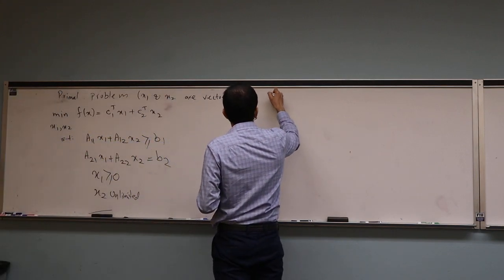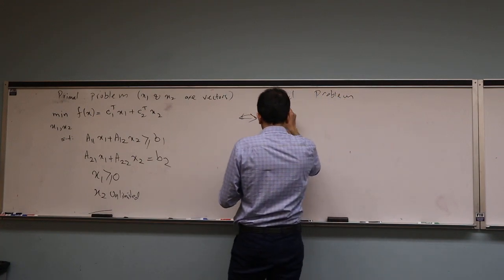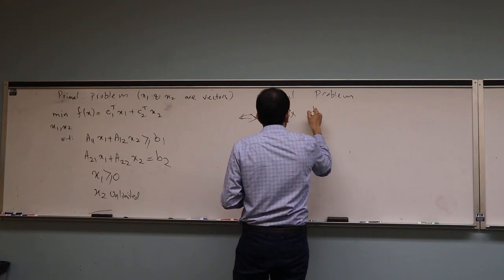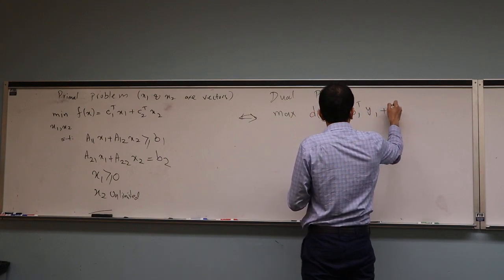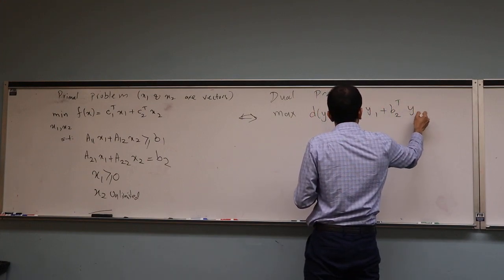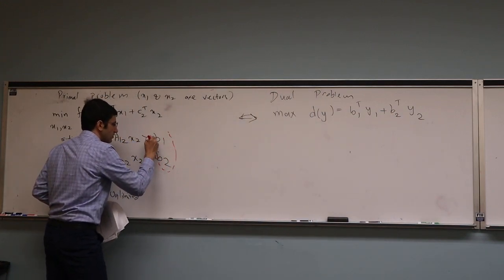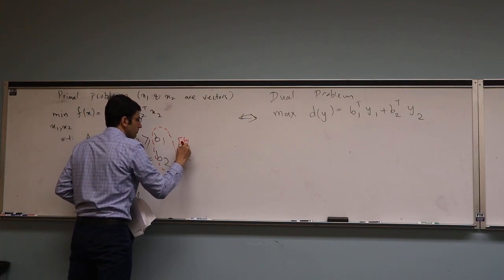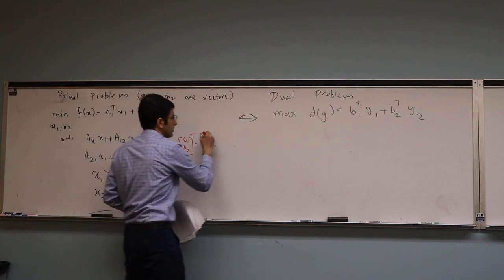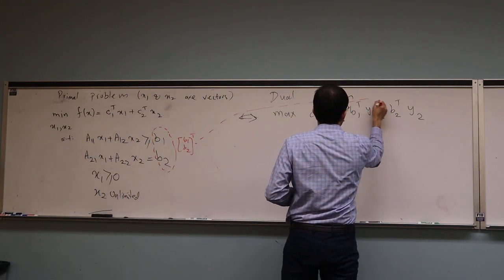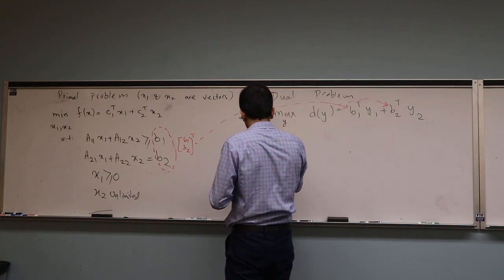So here is how your dual problem looks. It will be maximizing b1 transpose y1 plus b2 transpose y2. Where does that come from? b1, b2 transpose gives us those coefficients. Let's see what happens to constraints. Variables are y's.